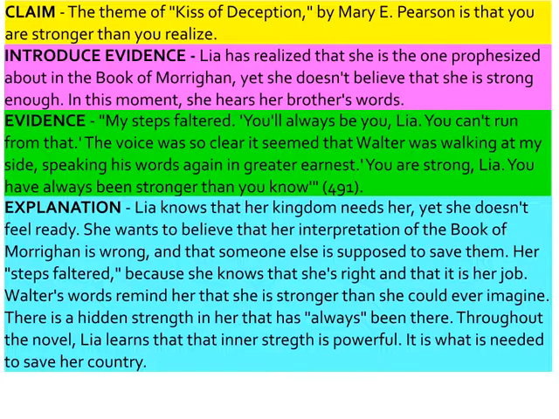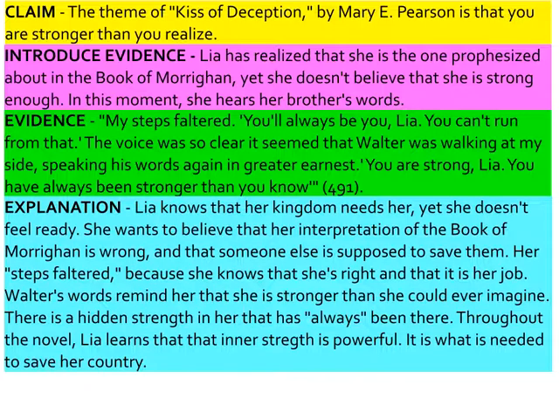This is where I'm going to really talk about particular details. Her steps faltered because she knows that she is right, and that it is her job. Walter's words remind her that she is stronger than she could ever imagine. There is a hidden strength in her that has always been there. Throughout the novel, Leah learns that inner strength is powerful. It is what is needed to save her country.